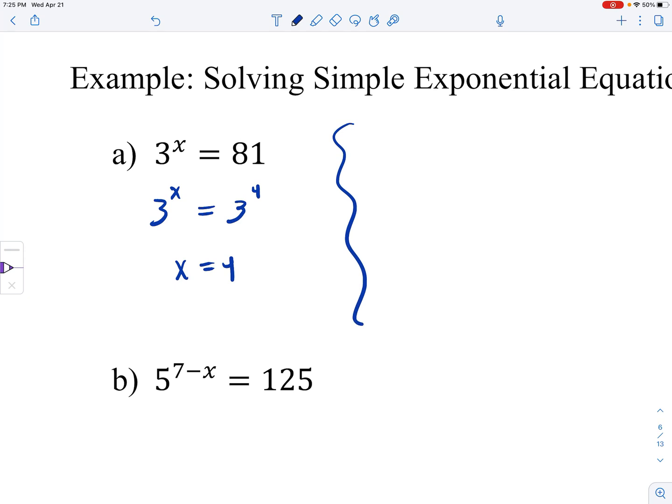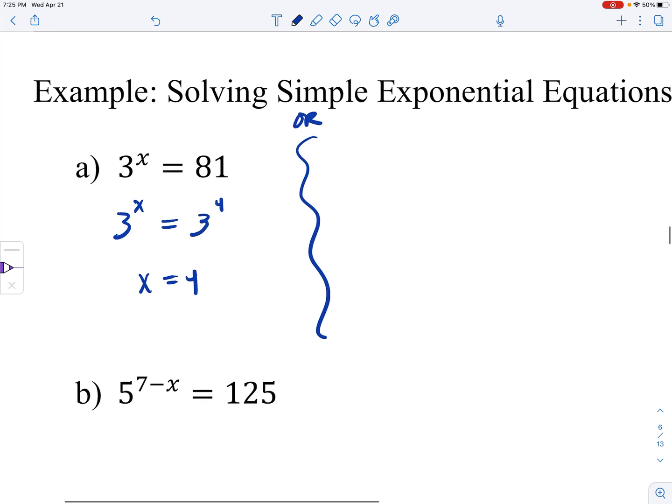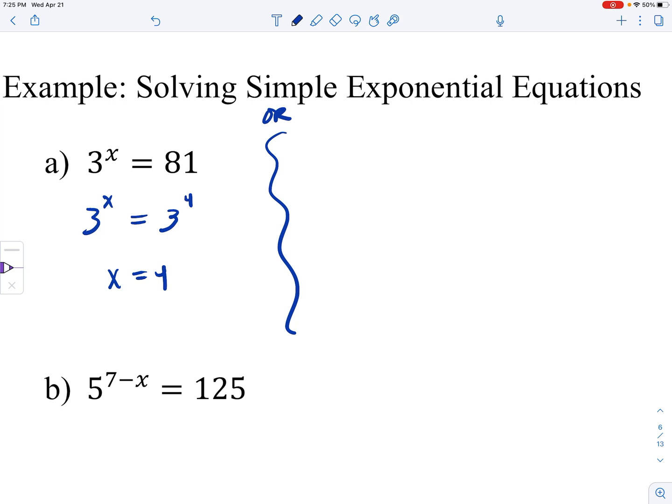If you didn't know that, or you didn't want to do that extra step, you could just think about rewriting in logarithmic form. You could also think about taking the log base 3 of each side of the equation. I usually like to think of it as rewriting in the equivalent logarithmic form. So that would be log base 3 of 81 is equal to x. And if I type that into my calculator, x is equal to 4.